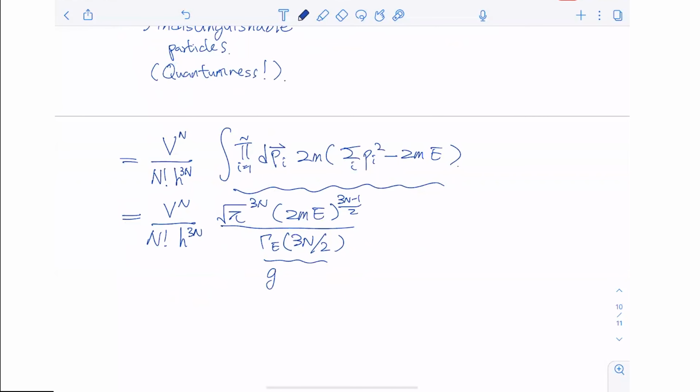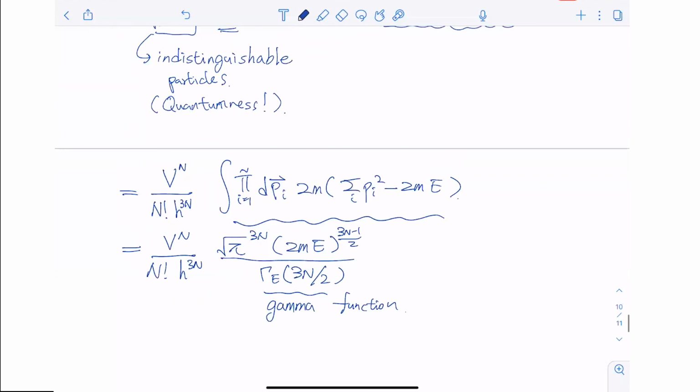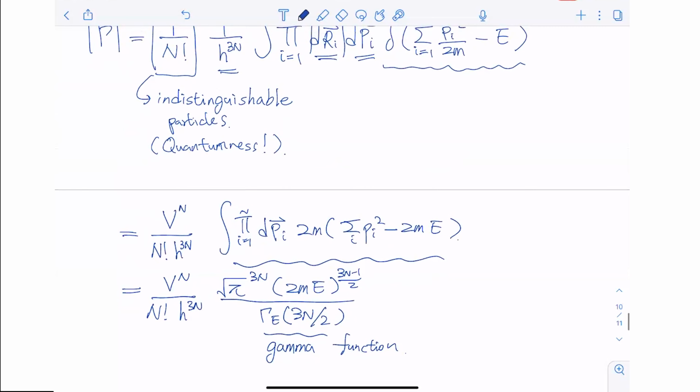And this is the gamma function. Okay. So that's the important moment where we evaluate the phase space volume for the ideal gas system.